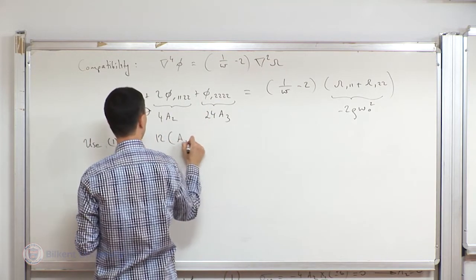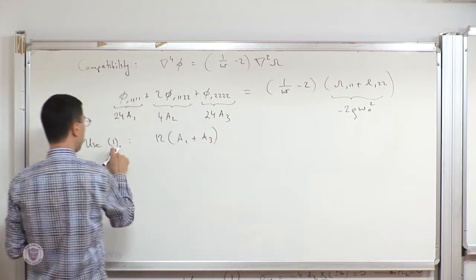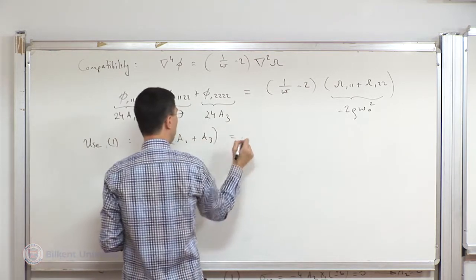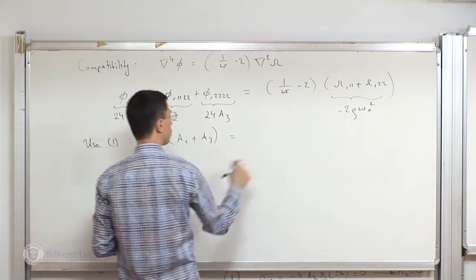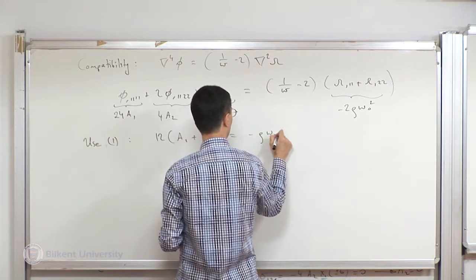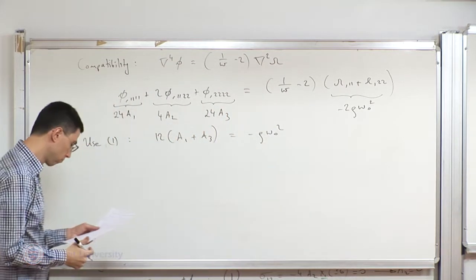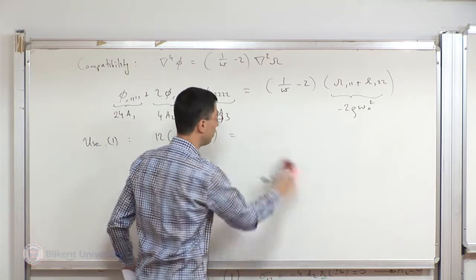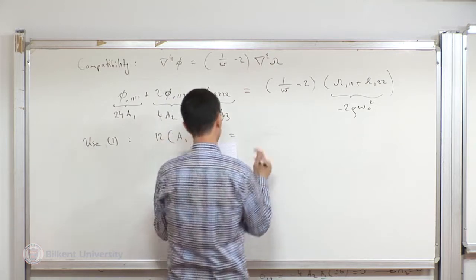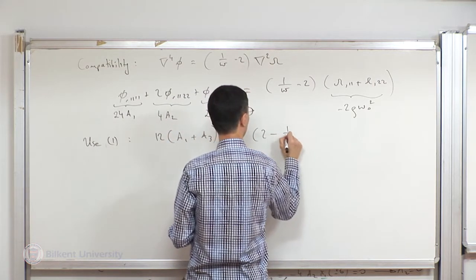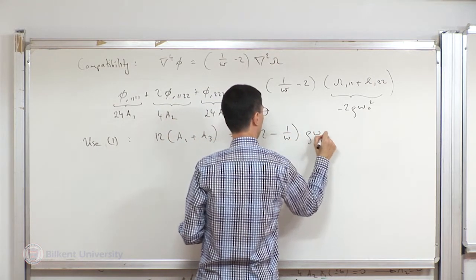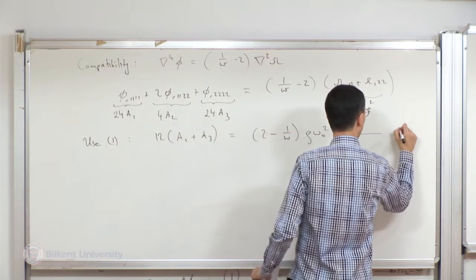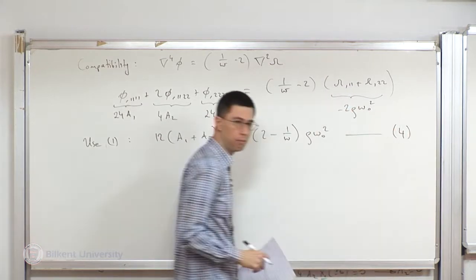So I have a constraint, it seems, just by using 1. If I did not use anything else, compatibility enforces a constraint on A1 plus A3. So that's what A1 plus A3 has to be. Okay, and let us call this equation 4, because I'm going to eventually make use of it.